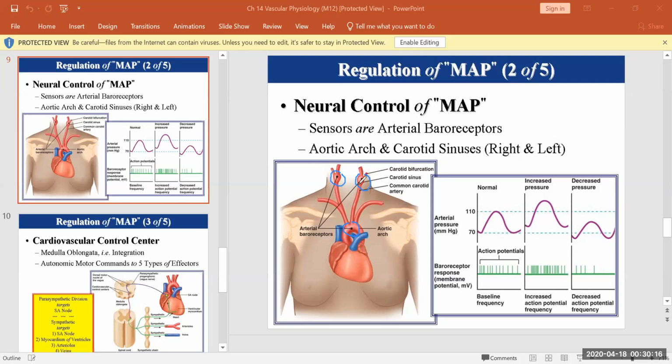The right and the left internal carotid. What are the 2 other blood vessels perfusing the brain from anatomy? I'm going to wait a few seconds for you, see if you can come up with an answer. If you do, here are the answers.